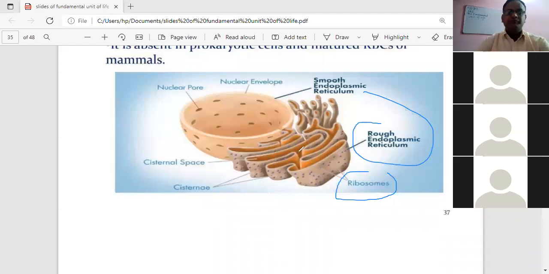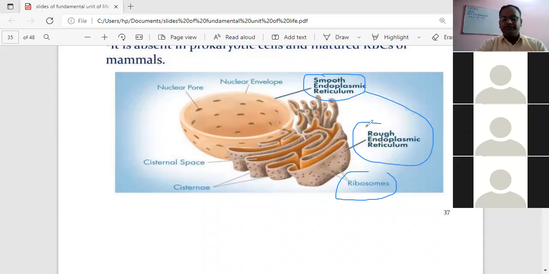What is the function of the ribosome? The ribosome is responsible for protein synthesis. And the smooth endoplasmic reticulum, you can see in this image, has no association with the ribosome, and hence it is called smooth.